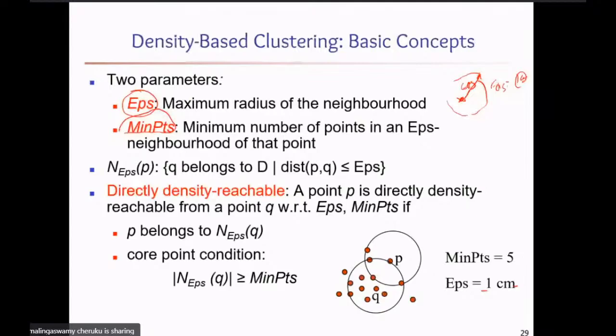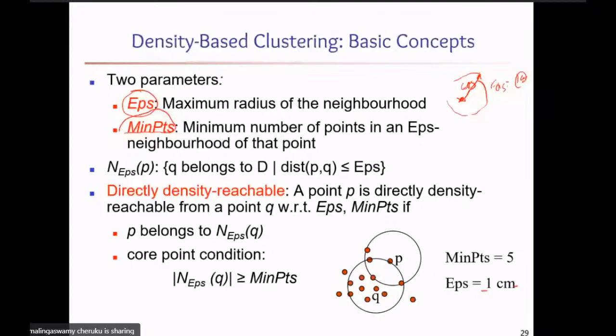A point P is density connected to a point Q with respect to epsilon and the minimum number of points if there is a point O such that both P and Q are density reachable from O with respect to epsilon. They are indirectly density reachable, but P is density reachable from O, and likewise the point Q.